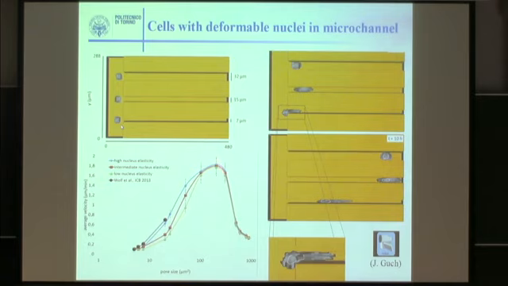There is a maximum. The range of the experiments by Wolf are limited to this area here, because you can achieve these pore sizes probably only with artificial scaffolds, and you can see that here the role of the nucleus is very small, negligible.